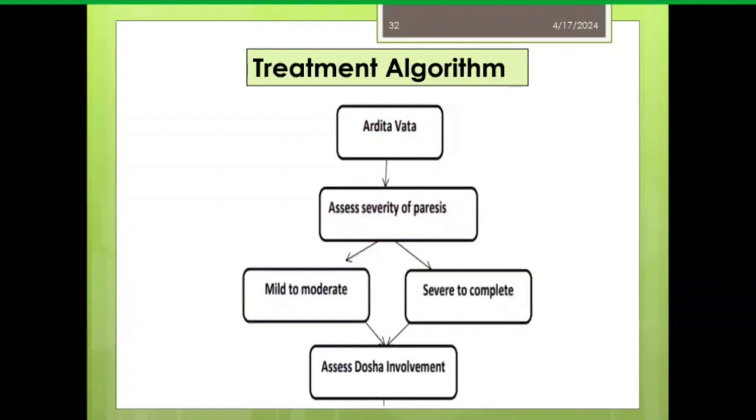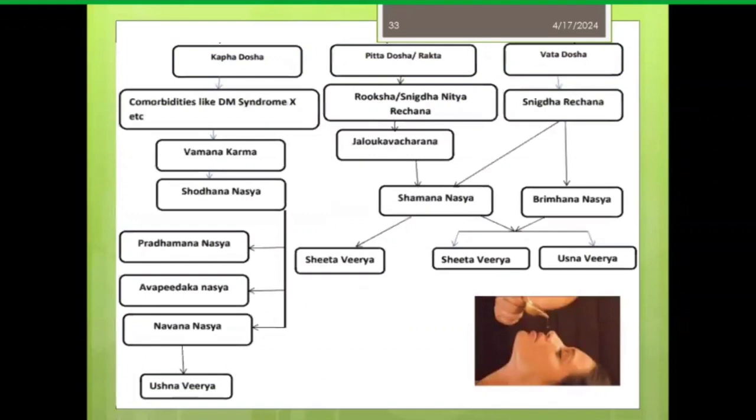So now it is very important to know the algorithm as far as Ayurveda treatment is concerned. First and foremost, assess the severity of the paresis, mild to moderate, then assess the dosha. In case of severe to complete paralysis also, you have to definitely understand the total involvement of dosha, and then based on the dosha, you are supposed to plan for the treatment.